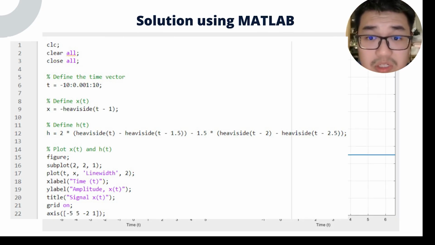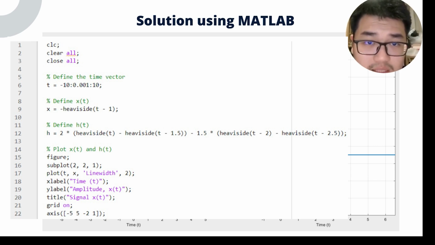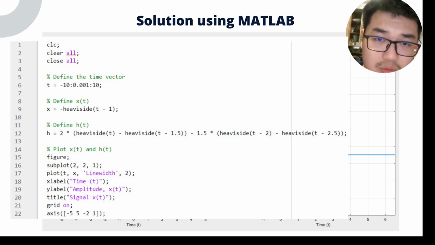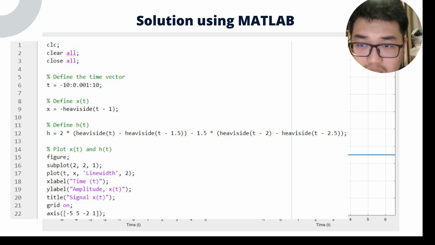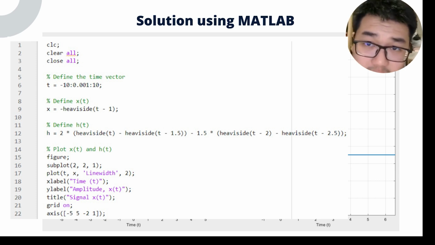Good evening, my name is Gabriel Gani Shane, and I will be sharing the solution using MATLAB, where we perform convolution. To perform convolution in MATLAB, we first define our signals, x(t) and h(t). x(t) is negative u(t minus 1), and h(t) is 2 times u(t) minus u(t minus 1), subtracted by 1.5 times u(t minus 2) minus u(t minus 2.5), which are the signals given in the introduction by my teammate.